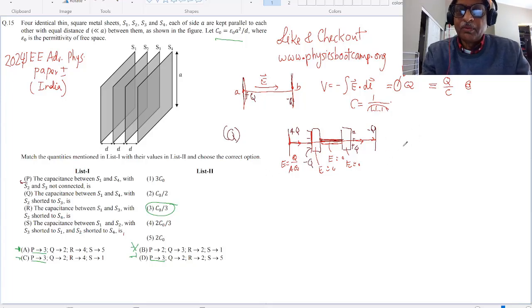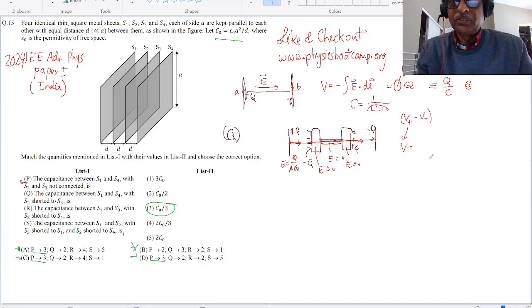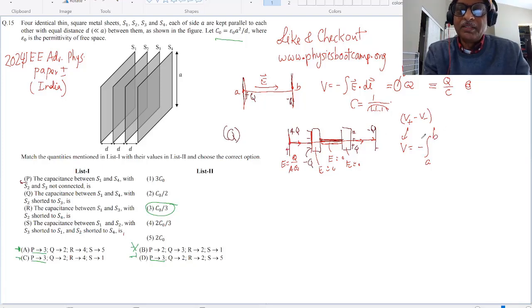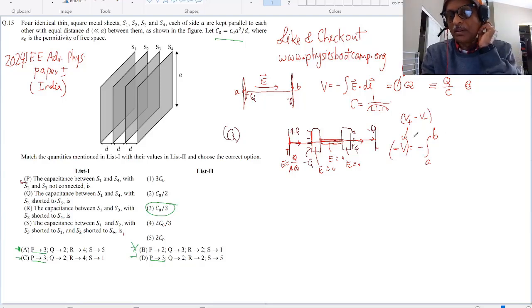So V is actually positive minus negative. If this is the potential difference going from point A to point B, and this is positive and this is negative, you are going to get a negative voltage here, because it's just which side is higher.